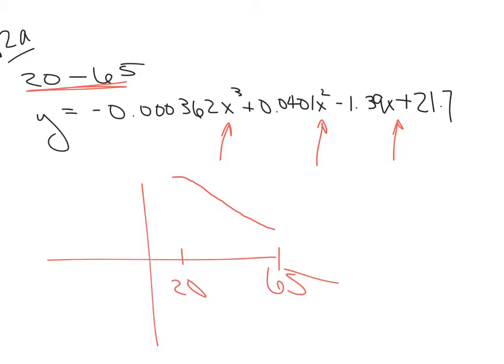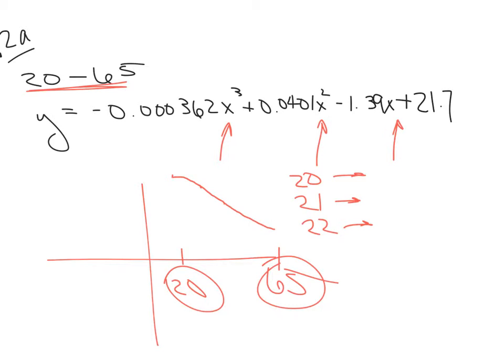Okay, so as you get closer to 65, there's fewer working than at 20, most likely, but who knows. Anyway, that's just a guess of what that graph is like, because you're going to put in 20, 21, 22, and it's going to spit out a y value, and then you're going to plot those points on the graph, and you're going to get a graph that looks like, well, whatever it looks like. I'm just kind of throwing one out there.